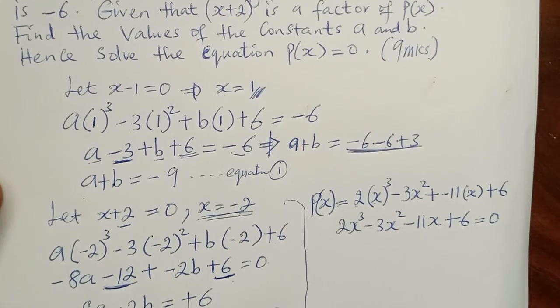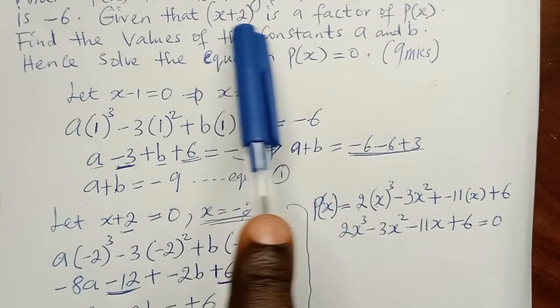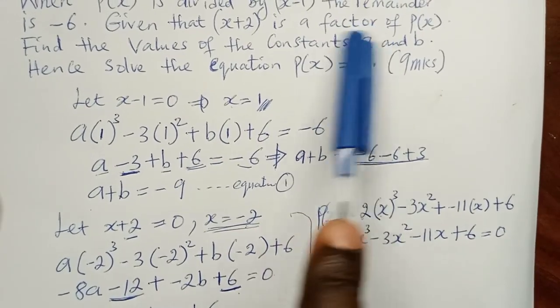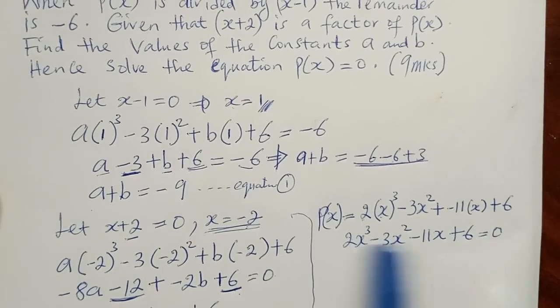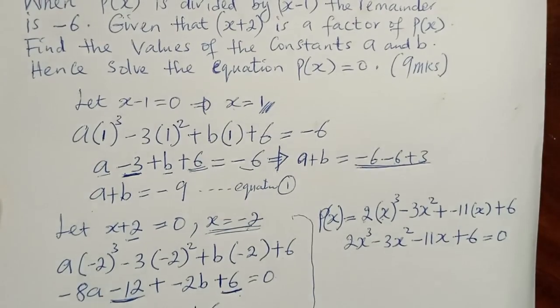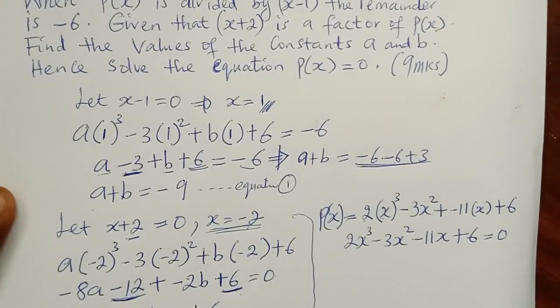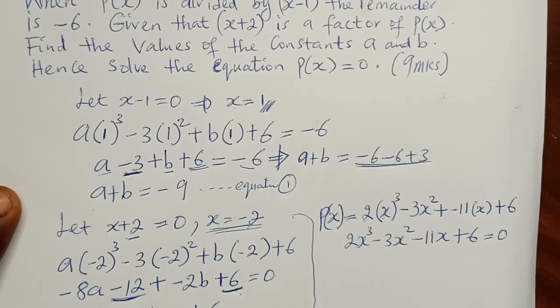To do this, note that they have told us that x plus 2 is a factor. If x plus 2 is a factor, then we must divide this expression by x plus 2. Then we are going to use the remainder to look for the values of x. You are going to see exactly what I'm going to do.